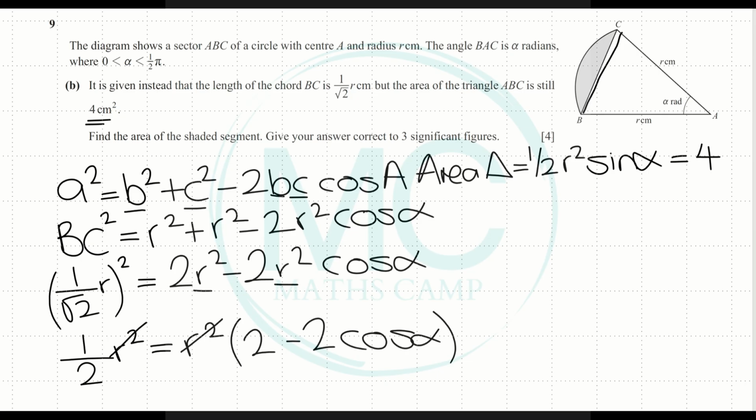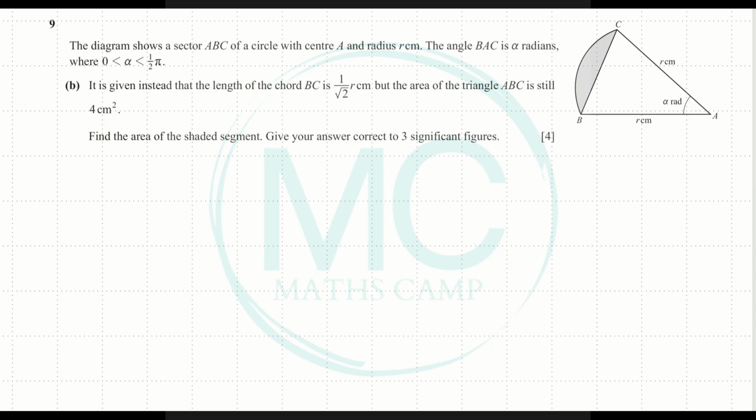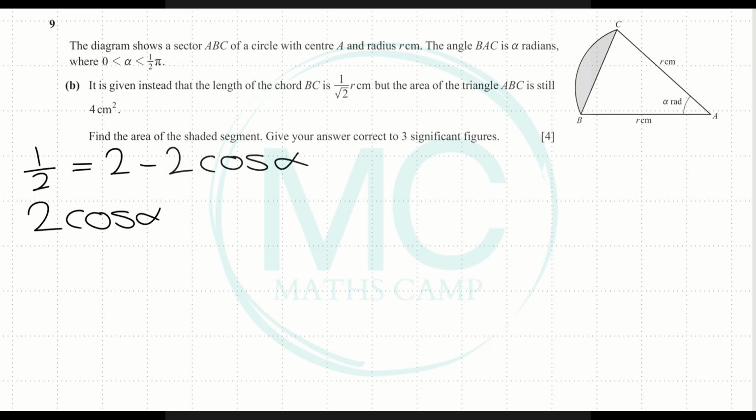Let's make some space. On the left, I now have 1 over 2 is equal to, on the right, 2 minus 2 cos alpha. To find alpha, my trigonometric ratio has to be positive. So let's move this to this side. So I have 2 cos alpha is equal to, on the right, 2.